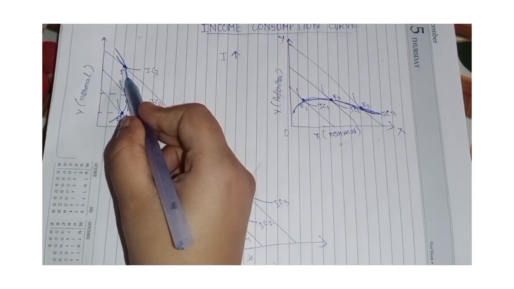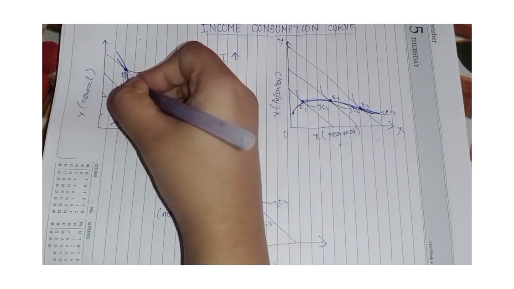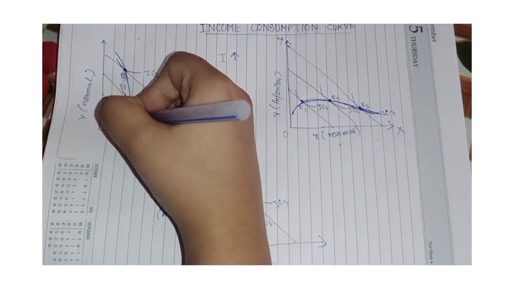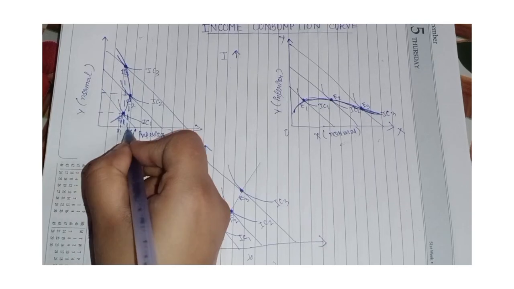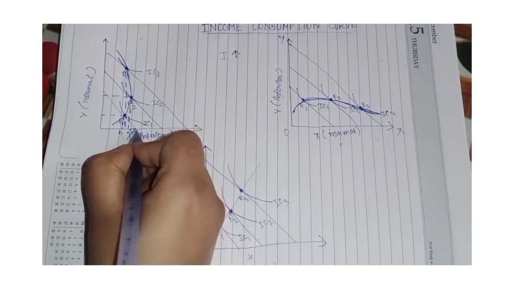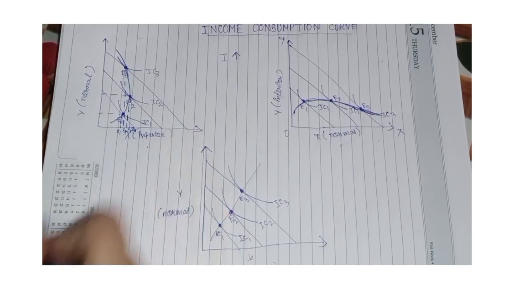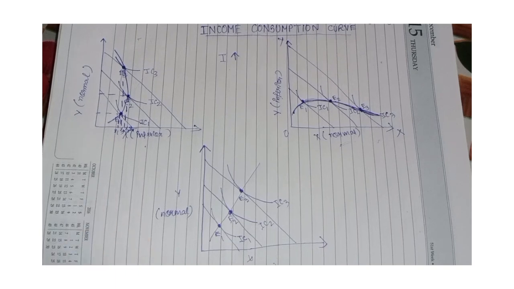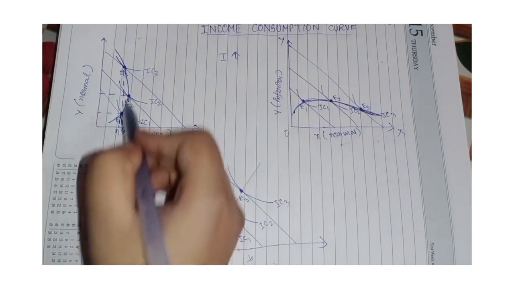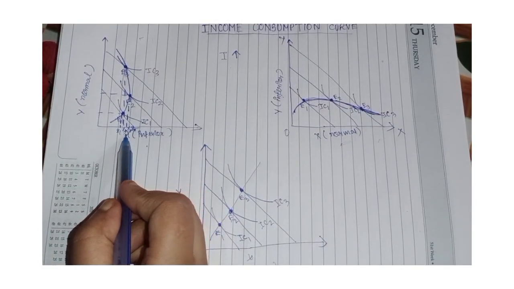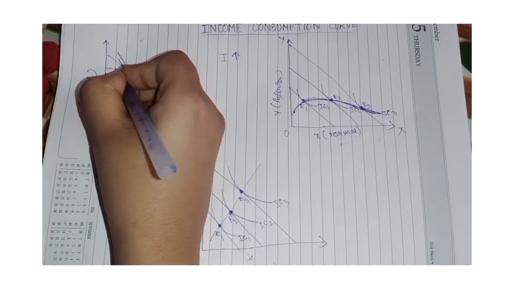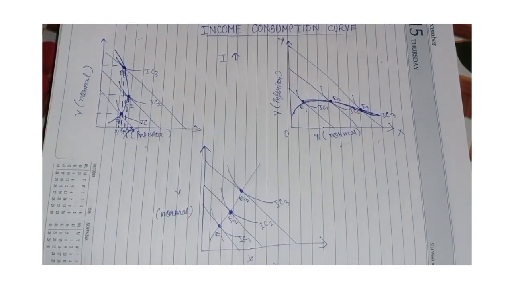Now at point E3 the consumer was consuming even less amount of X. See, this point is my X1, this is my X2 and this is my X3. I don't know whether you can understand, but still I am trying my best. So at point E3 the consumer will consume even less amount, okay, but Y is continuously increasing.